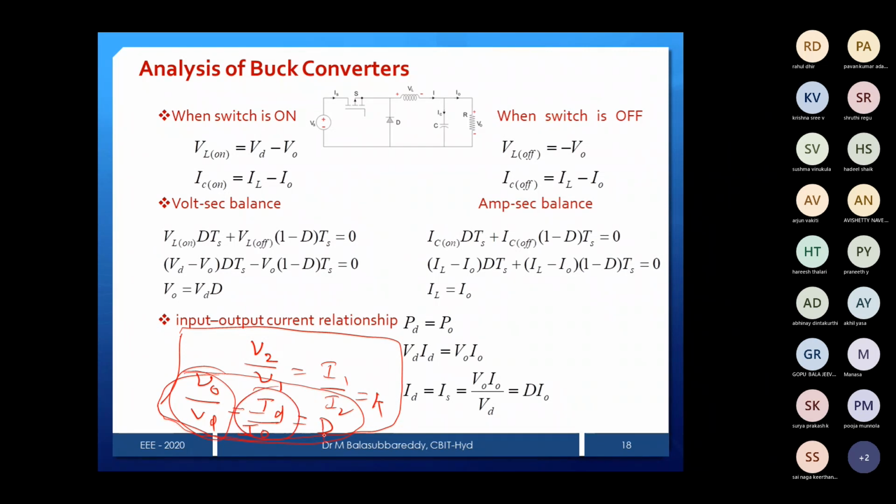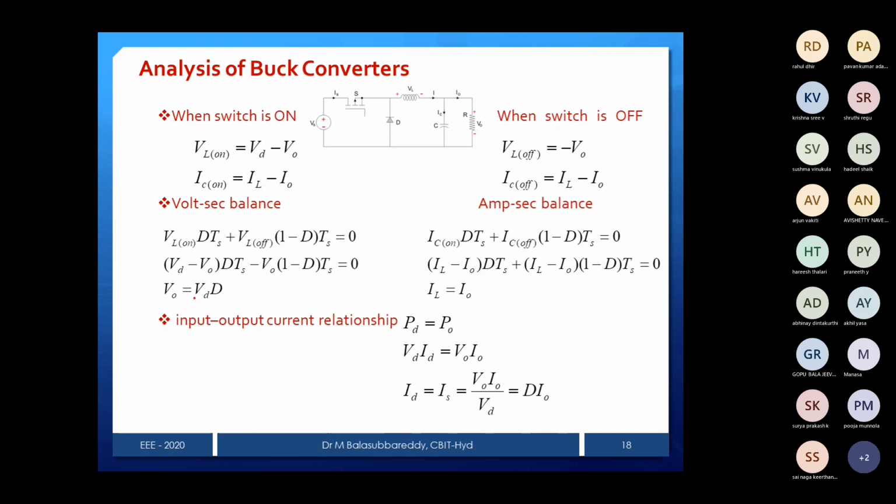Now D is a duty ratio, here also the transformation ratio, and this is for the AC transformer, this is for the DC transformer. Now these are some relations we got for voltage and current. So V out is equal to VD into D and ID is equal to D into I naught. Now this is the one relation.